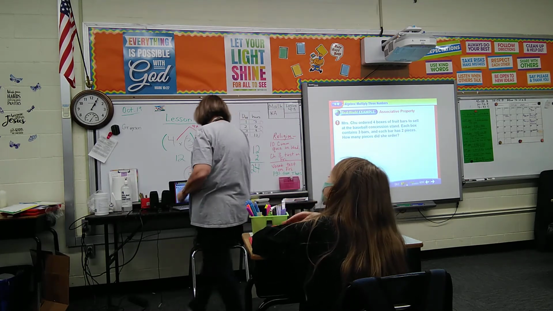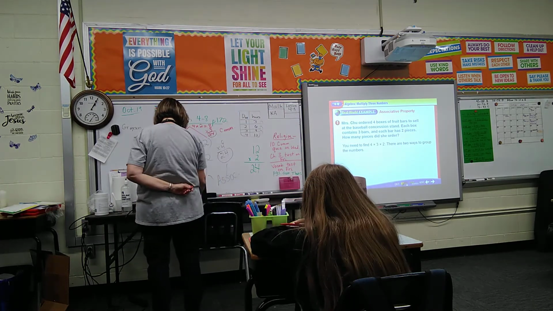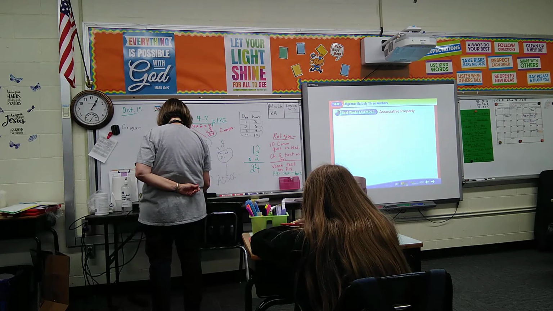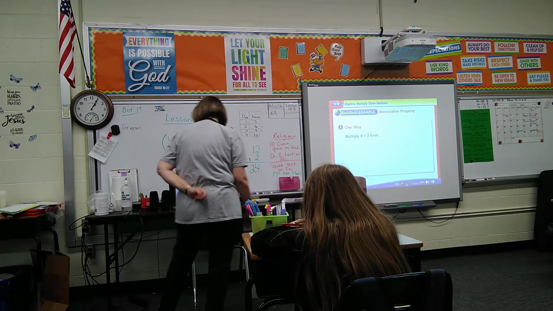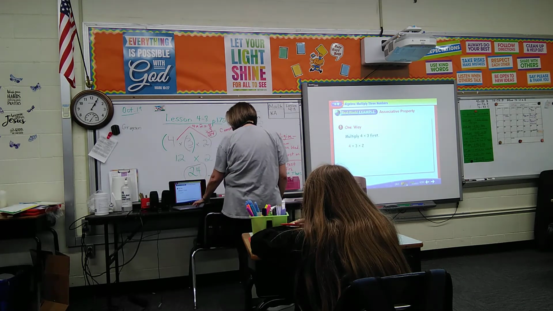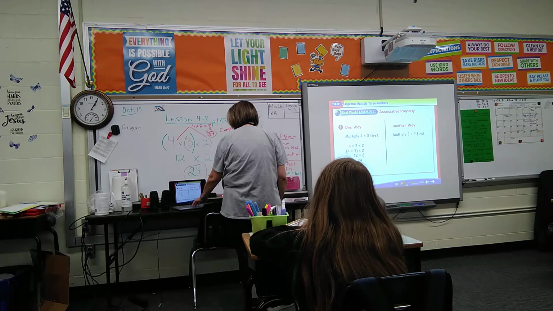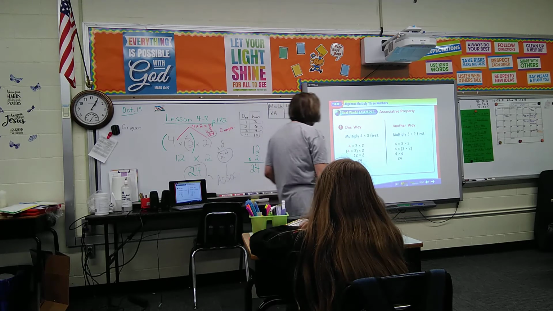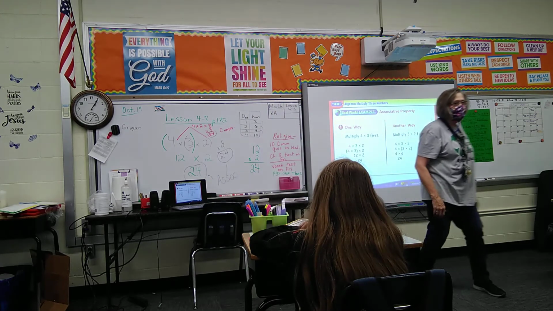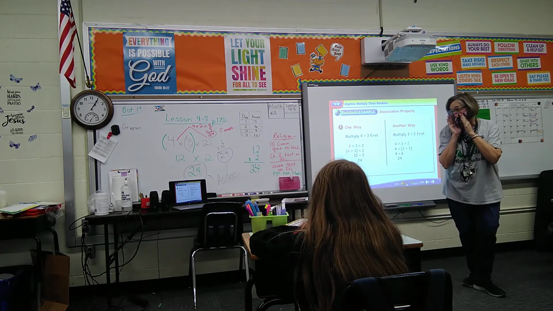So let's see how they did it on the board. Jaden told us 4 times 3. They have 2 ways here. They did it the way Jaden did it and got 12 times 2, which is 24. And they did it the way Lily did it, which is 6 times 4 is 24. You know why they didn't do the 3rd way? Because it was commutative, Luke, right?